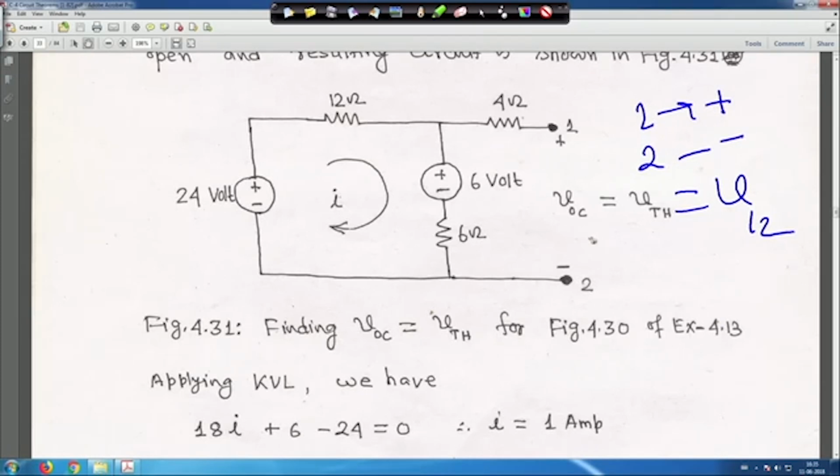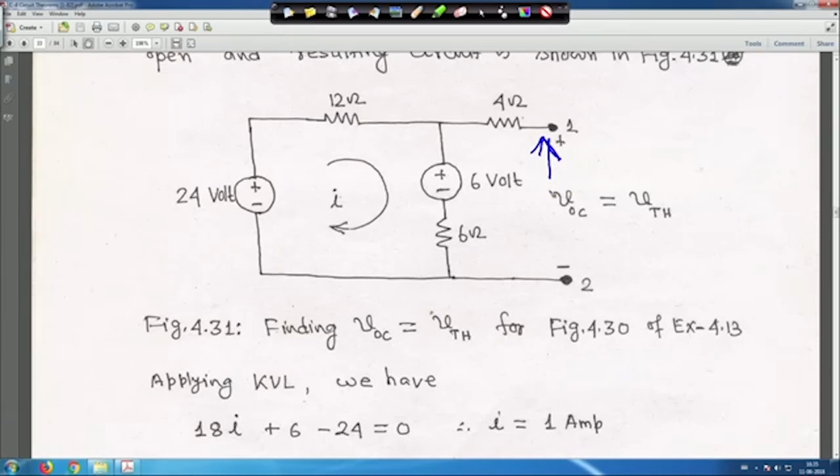So, V Thevenin, that is V open circuit voltage, is equal to V 1 2. So, this is plus, an arrow will be there, and this is V OC equal to V Thevenin. So, this is open circuit.